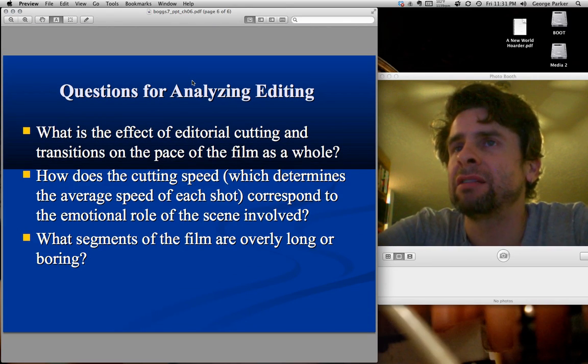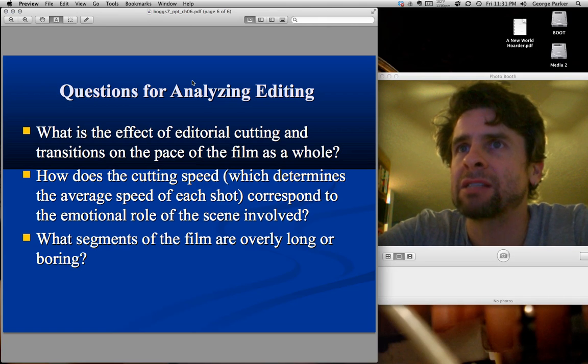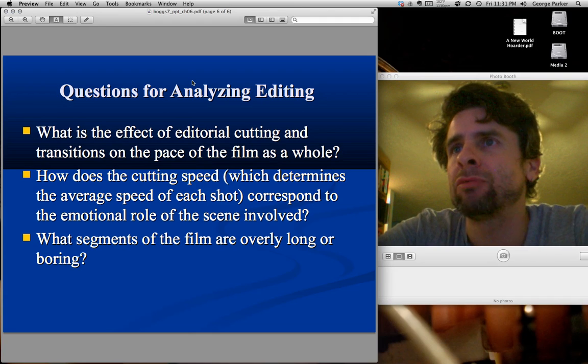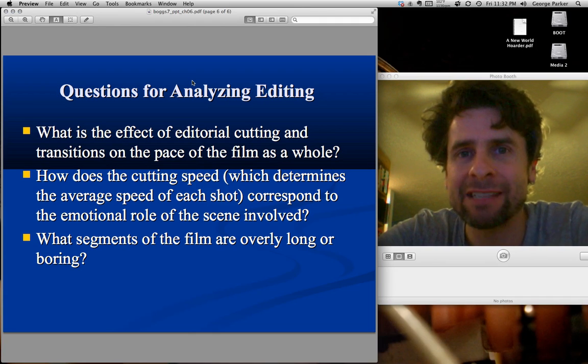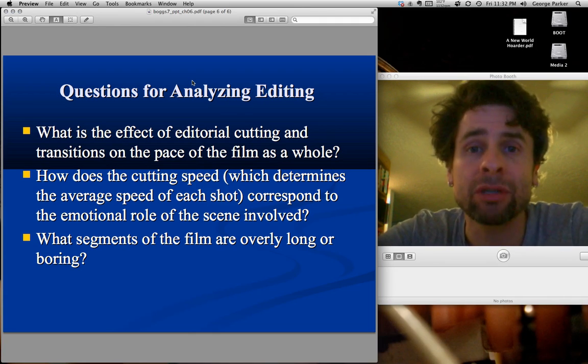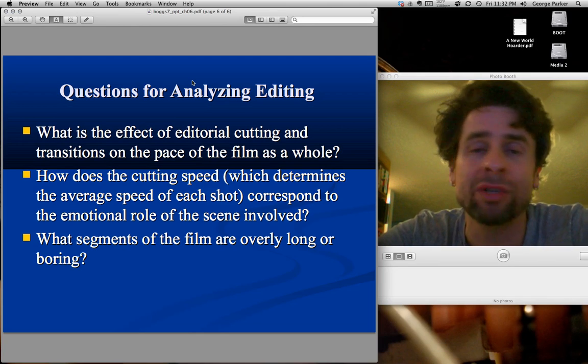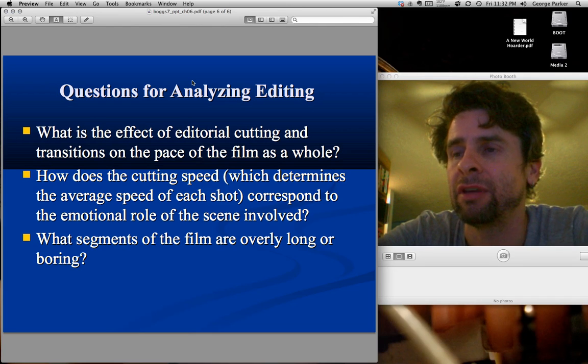What is the effect of editorial cutting and the transitions and the pace of the film as a whole? Looking at the transitions, looking at the cutting, and really studying how it affects the pace and timing and time control in the film, and how that helps us understand the moment or what's happening in the film.